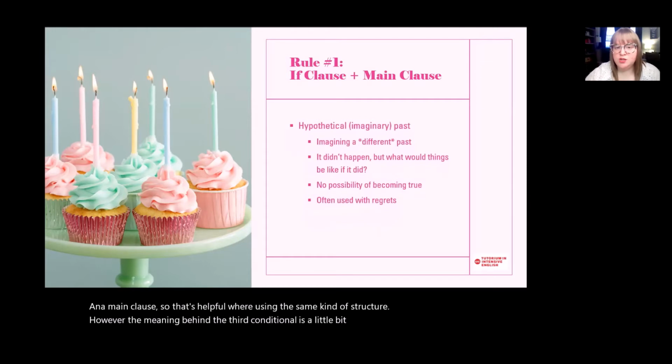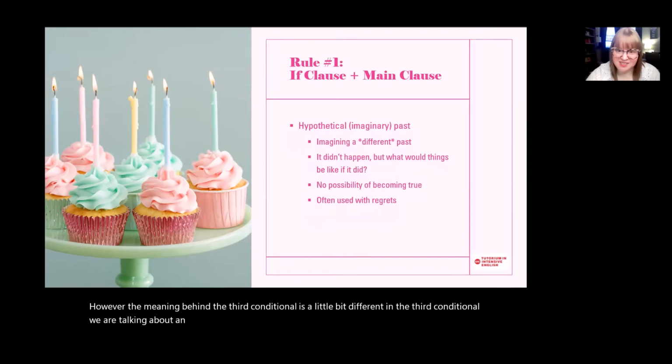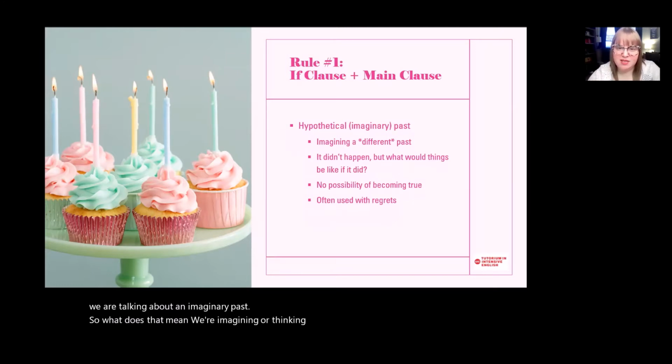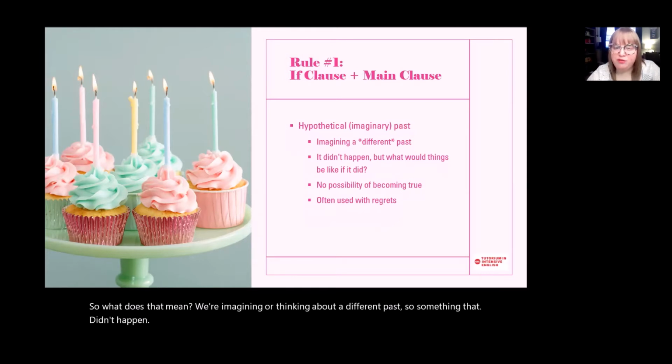In the third conditional, we are talking about an imaginary past. So, what does that mean? We're imagining or thinking about a different past. So, something that didn't happen, but what would life be like if it did happen?